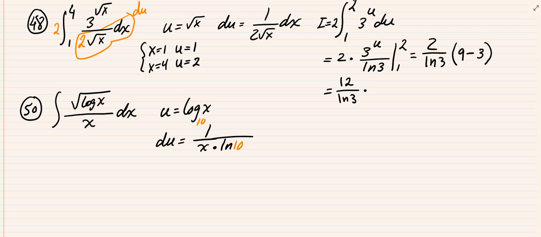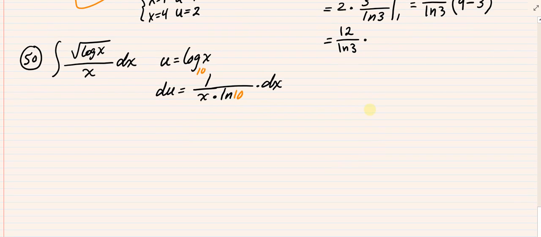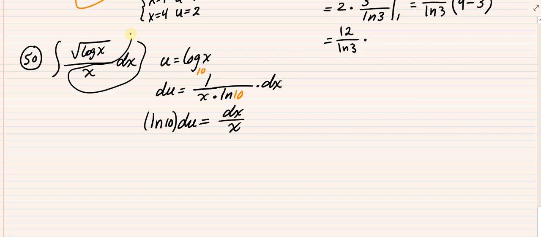Okay, and that's it, times dx. So let's see, we do have dx over x, so if I multiply both sides by natural log of 10, ln of 10 du is dx over x, and that's exactly what I have in the radicand.